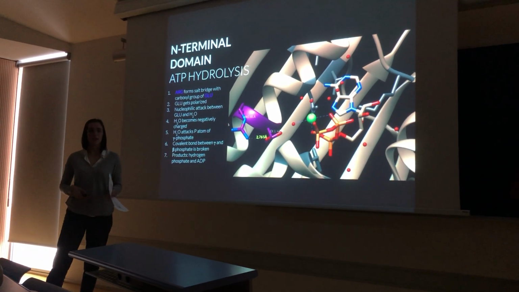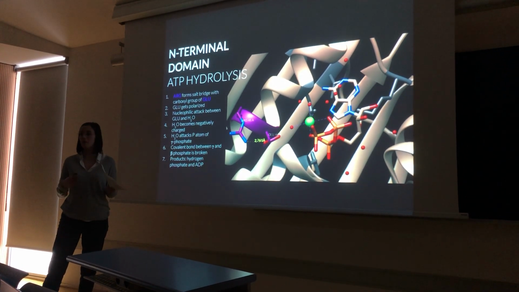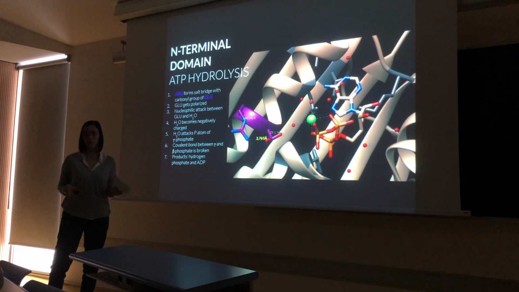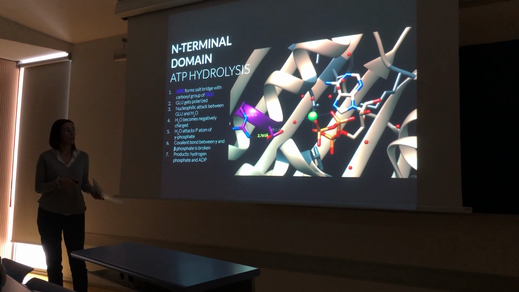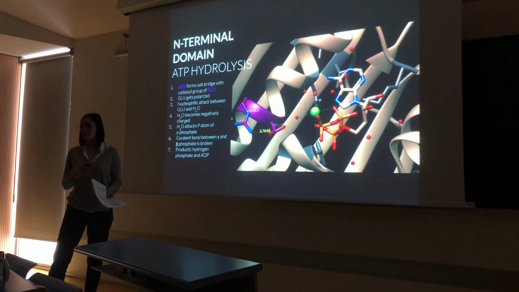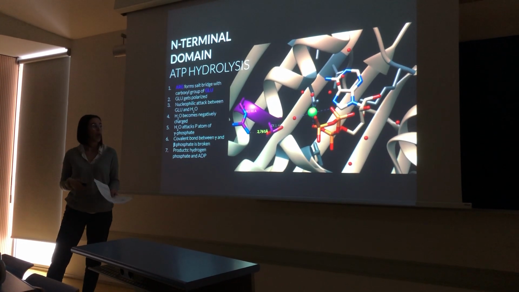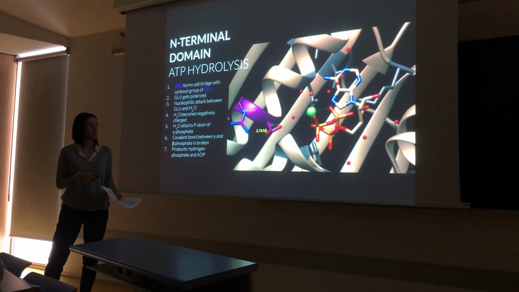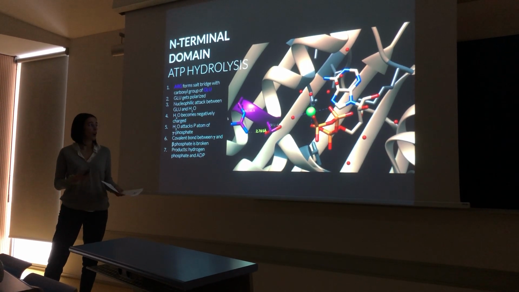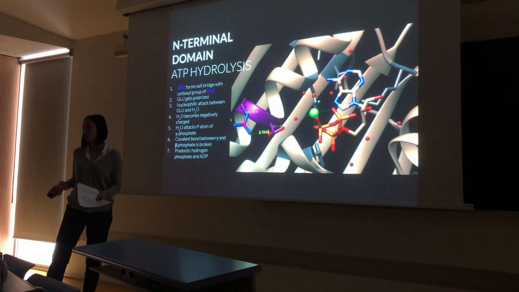Okay, so for the ATP hydrolysis there will be 2 residues which will be very important, which are this arginine and this glutamine. So first of all, what will happen is that the arginine and the glutamine will create a hydrogen bond, and later this glutamine will be charged negatively, so it will nucleophilically attack a water molecule.